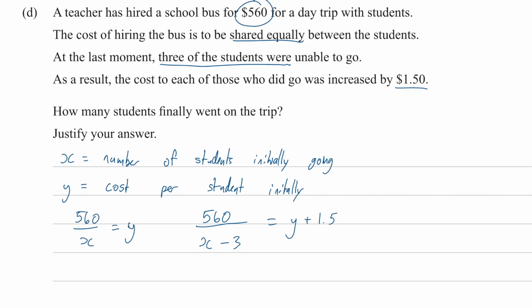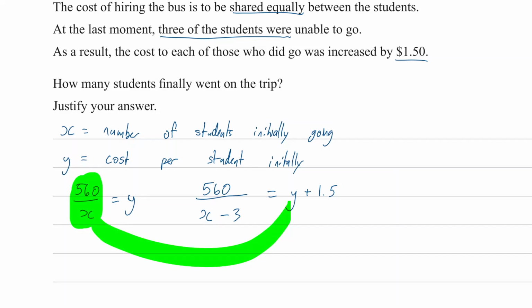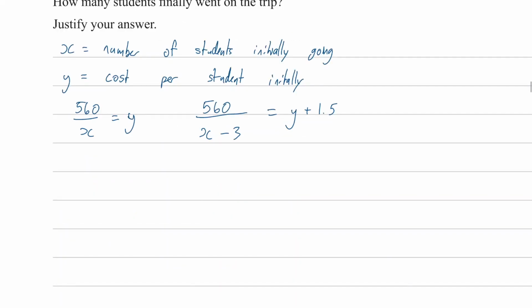Now since we have 2 equations and 2 unknowns, we can solve. So what I'll do is I will use substitution. So I will substitute in 560 divided by x, which equals y, in for y in our second equation. So that'll leave our equation in terms of x. So let's do that now. So this is equation 1, this is equation 2.